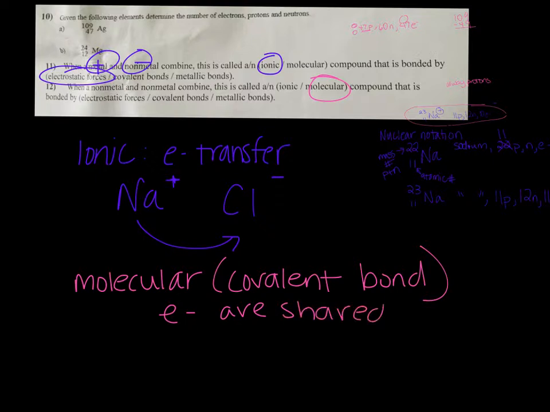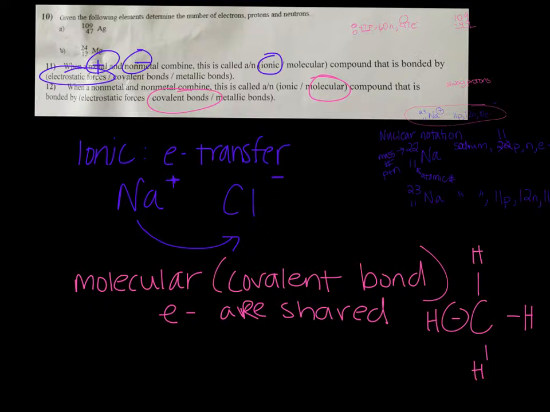This is where, in pre-AP year, you had to learn about all the different shapes, and you have to make sure you draw in your bonds. So something like CH4, methane. These are all bonds. These are all covalent bonds. This is a molecular compound, and so it's bonded by your covalent bonds.